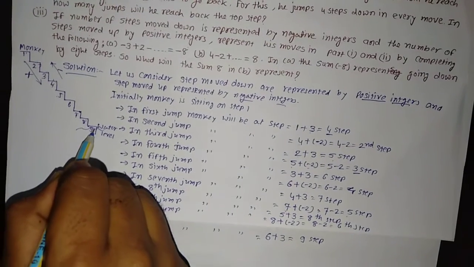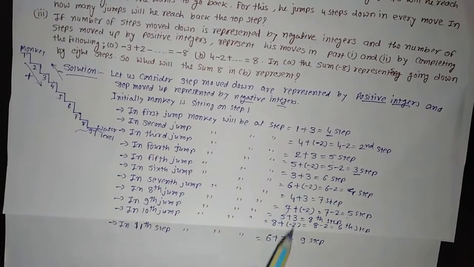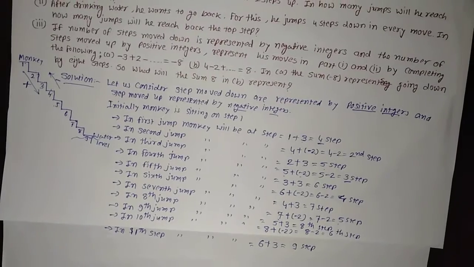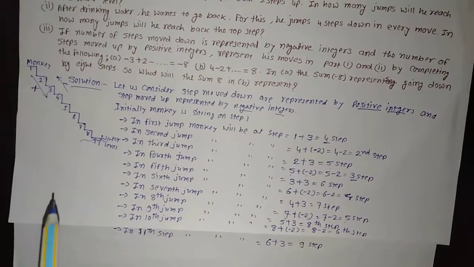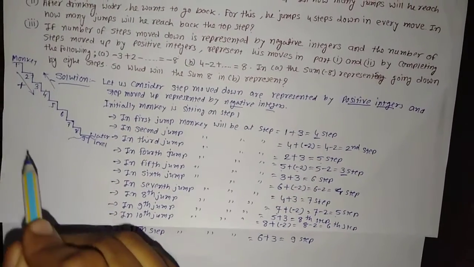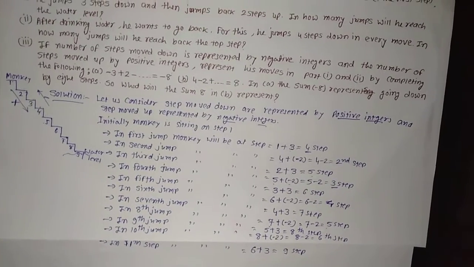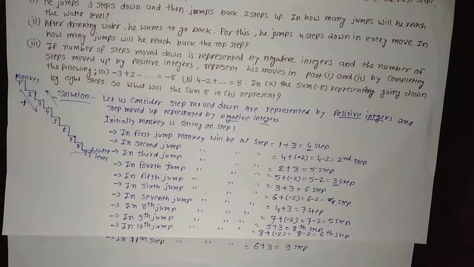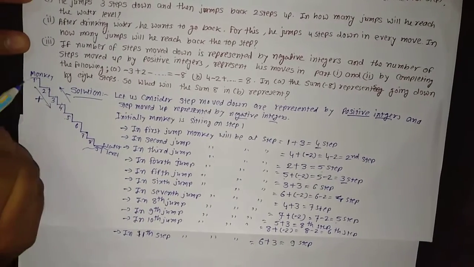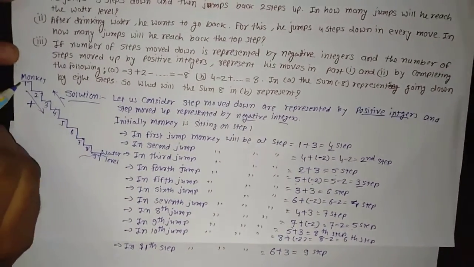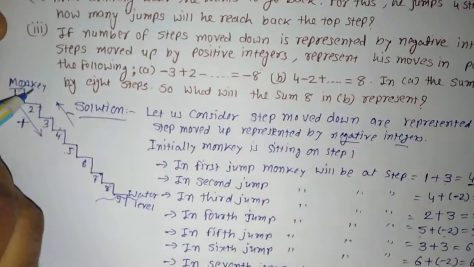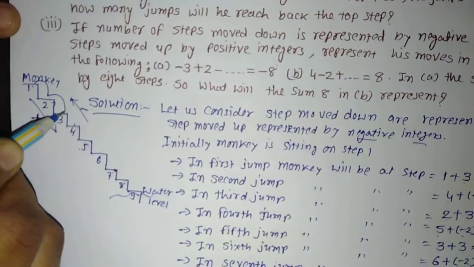Now I will explain only through the figure. This is what I have explained through the integers. Down is a positive integer, upward is a negative integer. But in this case, what I am explaining is jump number 1. I'll show you, see the figure only. Jump number 1: 1, 2 and 3.